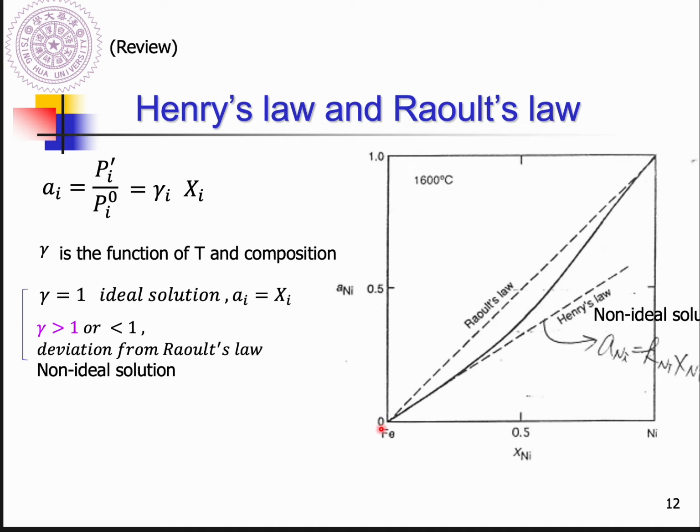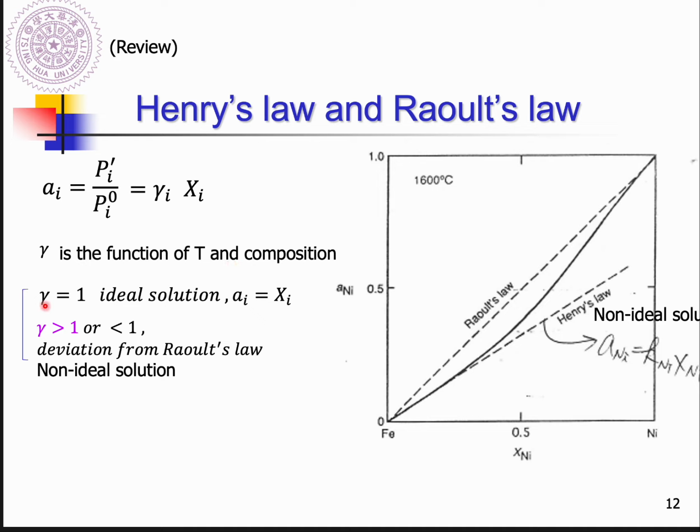Raoult's law is an ideal solution, and Henry's law is a non-ideal solution. So A equals the vapor pressure after mixture divided by the vapor pressure before mixture, which equals gamma times the atomic fraction. And you know gamma is a function of temperature and composition.